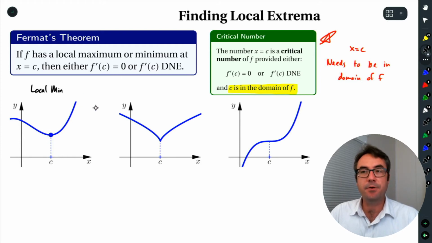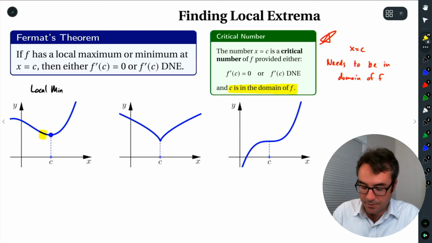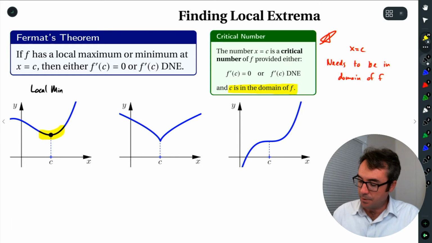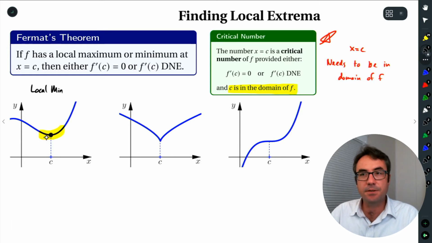There might be other low points if we go further out along our curve, but right in this little neighborhood of x equals c, we can find some interval surrounding this. Right in this little interval here, that's as low as our function gets.